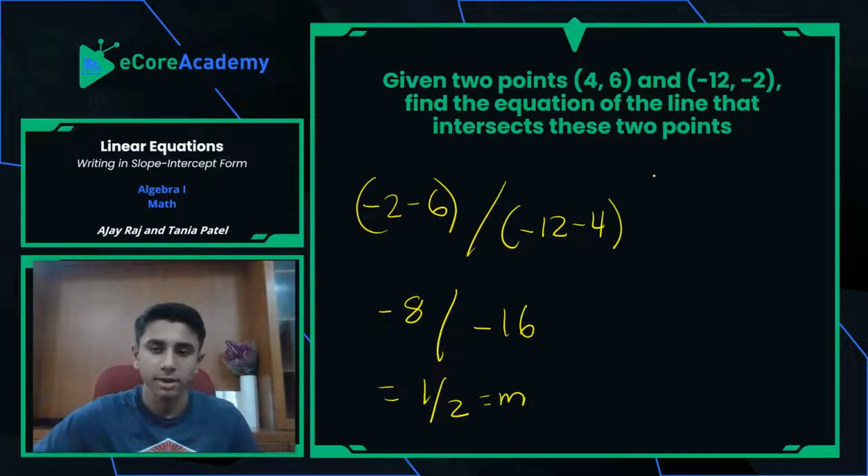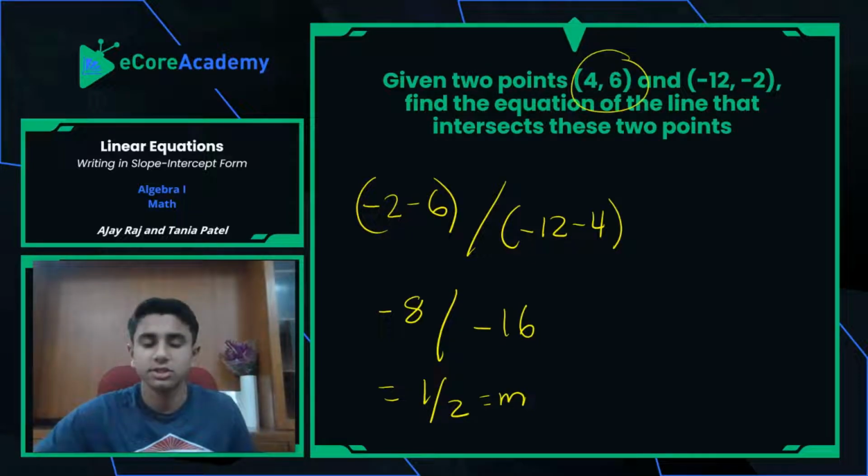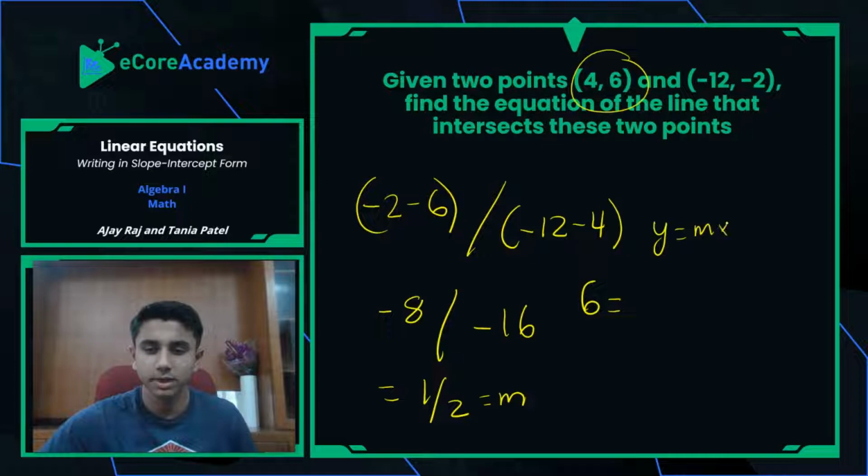Now that we have m, we're going to take one of these coordinate pairs and plug it back into our equation along with m. We're going to take 4, 6 just because they're smaller numbers and not negative, so it's a lot easier to work with. Our original equation is y equals mx plus b.